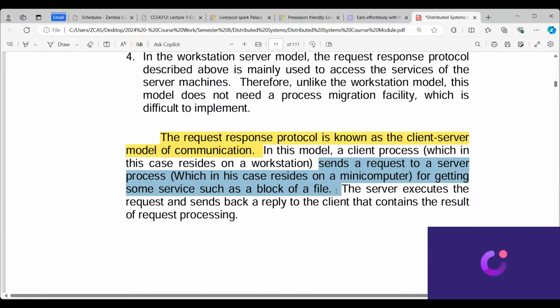The server executes the request and sends back a reply to the client that contains the result of the request processing. So we're talking about this client server model in this context.